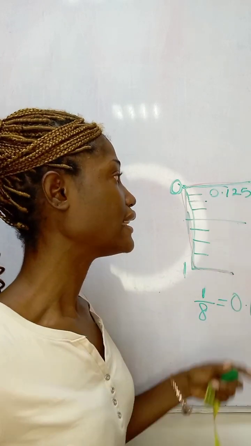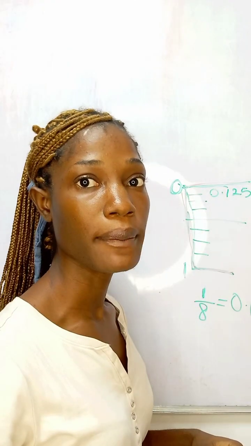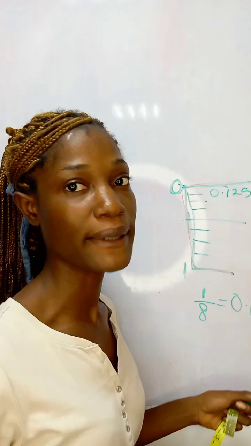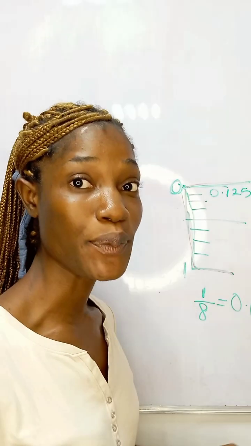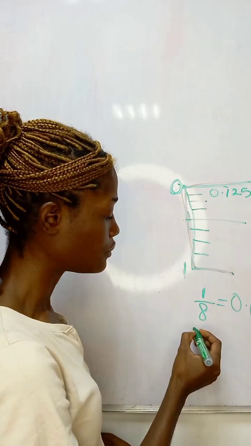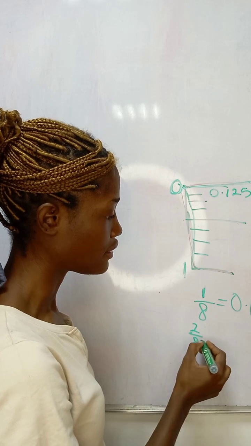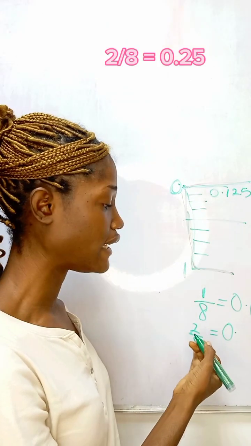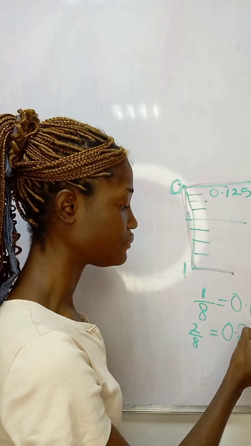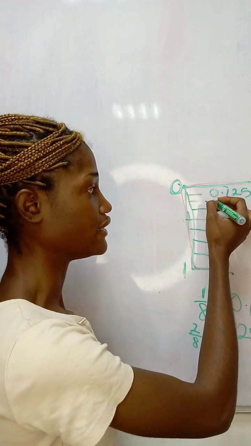To get the second one, remember, you either do 2 divided by 8 or you do 0.125 plus 0.125. Check your calculator: when you do 2 divided by 8, you get 0.25. So the second one here is 0.25.